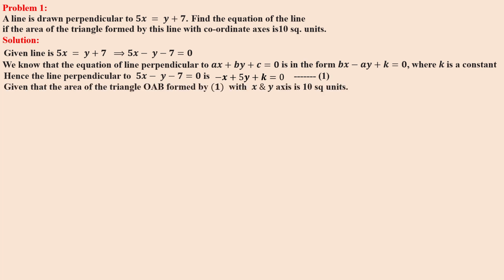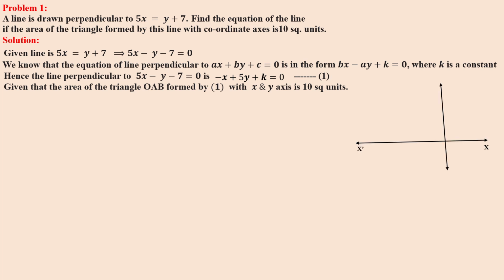Given that the area of the triangle OAB formed by line 1 with the x and y axes is 10 square units. That is, the area of the triangle formed by the line with the coordinate axes, that is the x and y axes, is 10 square units.